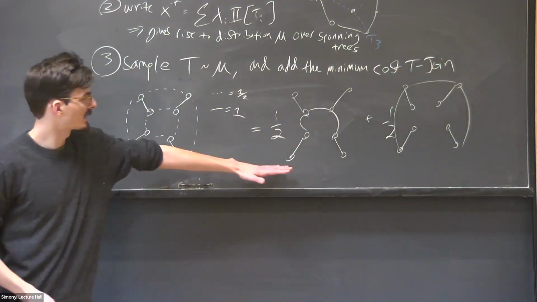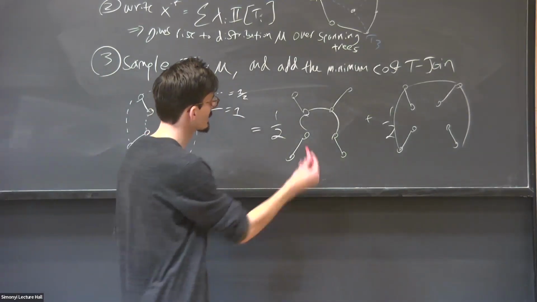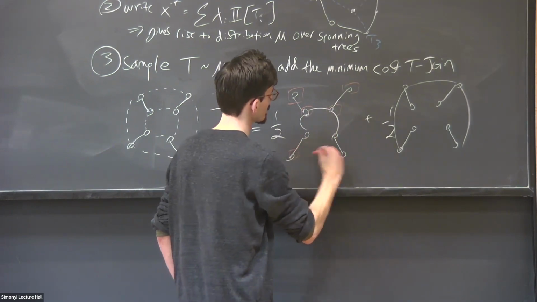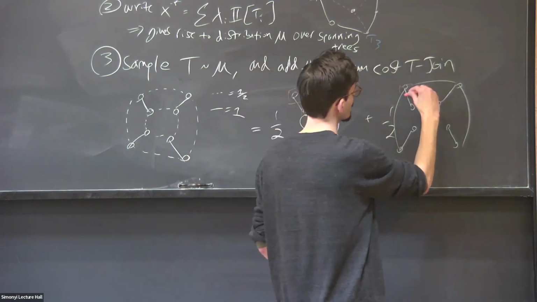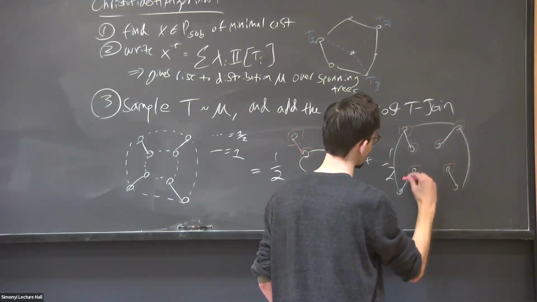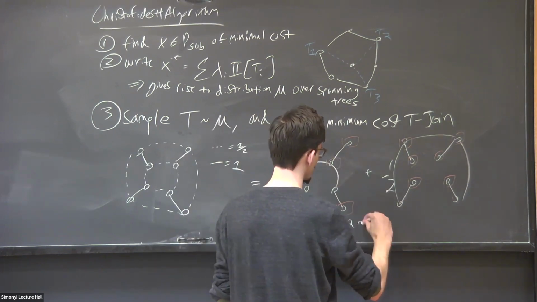And so the cost of these spanning trees is the cost of x. But here basically every vertex has odd degree, right? In both trees. Okay, I should have just drawn which vertices were even. Right, so there are n minus 2 odd vertices.